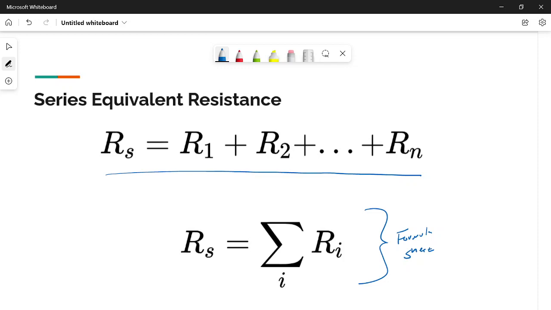And all this is saying is that for all elements i, I'm going to add up the resistance for each element. So it's just taking the sum of all of the elements together. It just means this up here above. So that's series circuits. They're really simple and easy to work with.